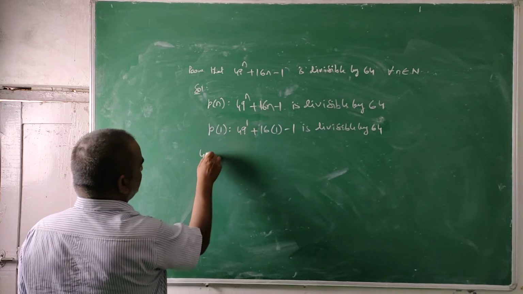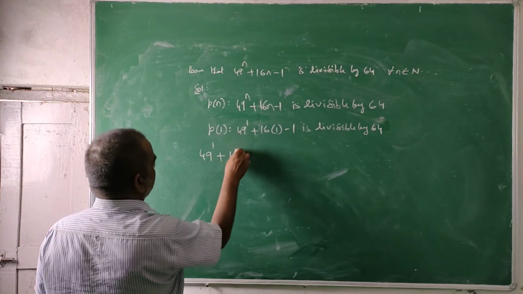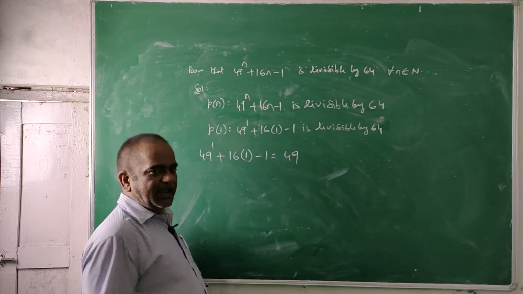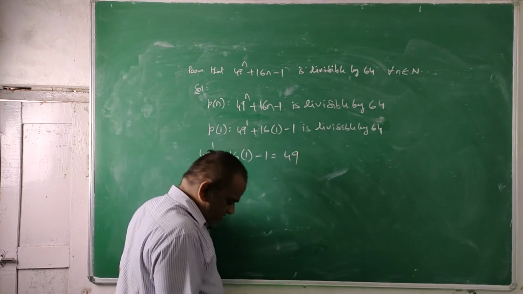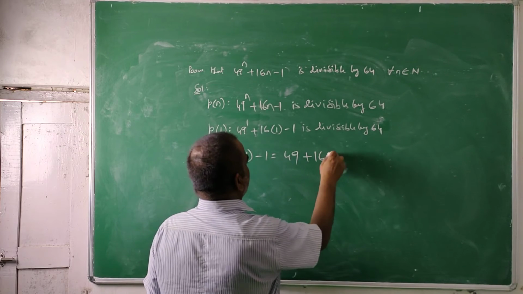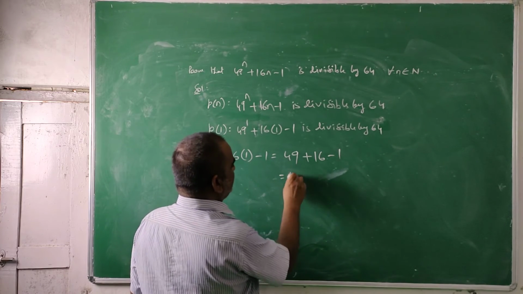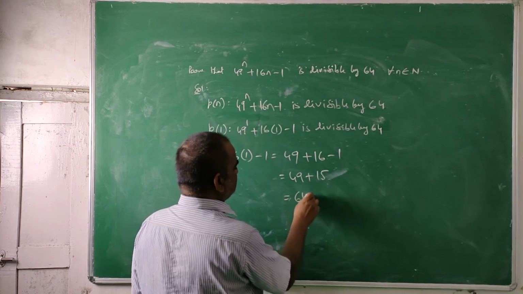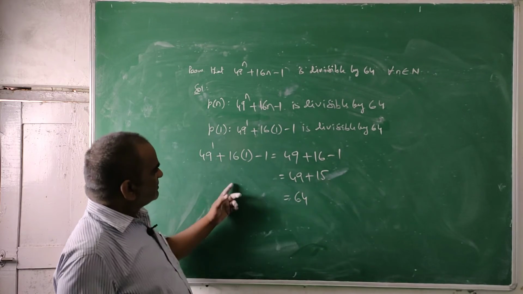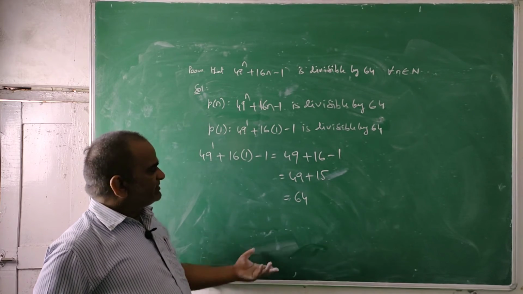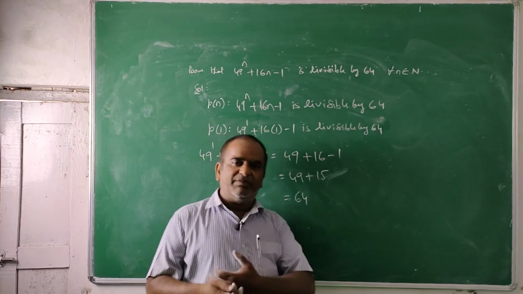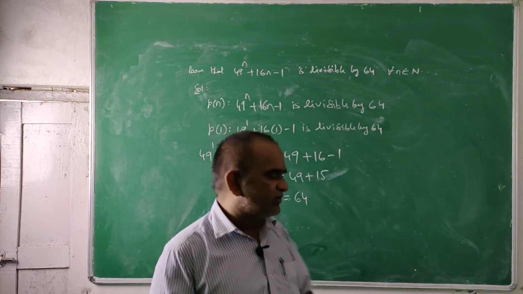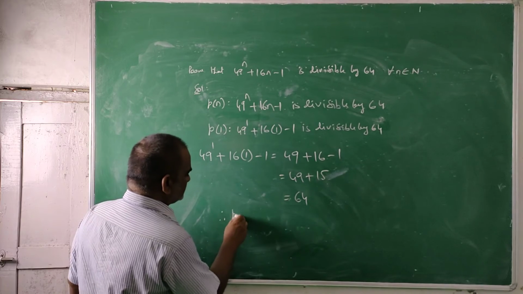Now let us take 49 to the power of 1 plus 16 into 1 minus 1, which is equal to 49 to the power of 1 is 49, plus 16 into 1 is 16 minus 1, which is 49 plus 15. 49 plus 15 is obviously 64. So 64 is divisible by 64. As every number is divisible by itself, 64 is itself divisible by 64. Therefore, P of 1 is true.